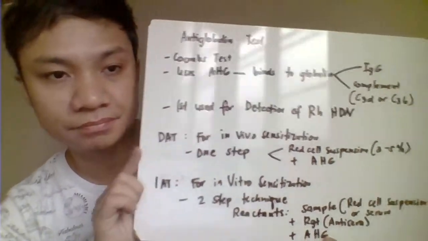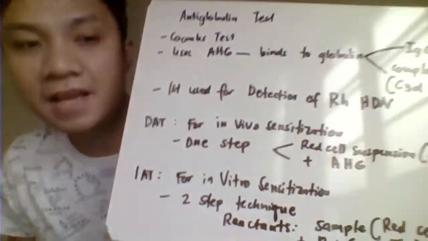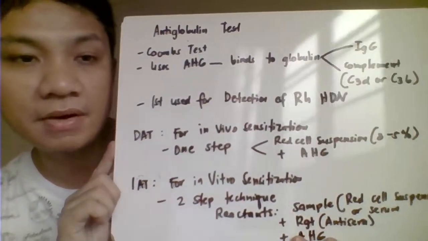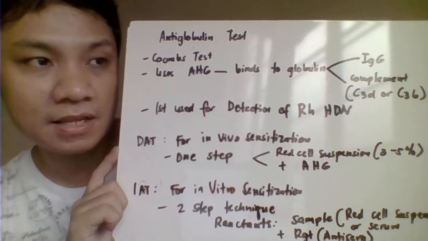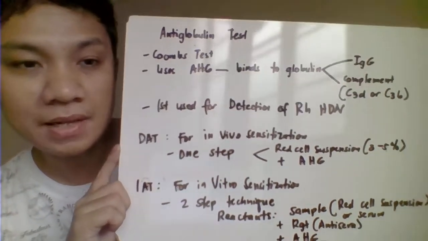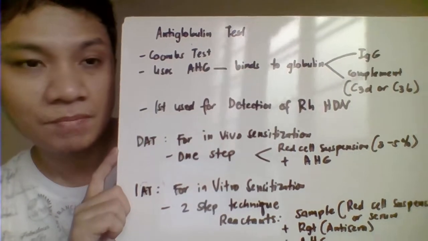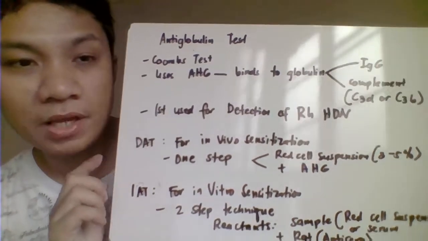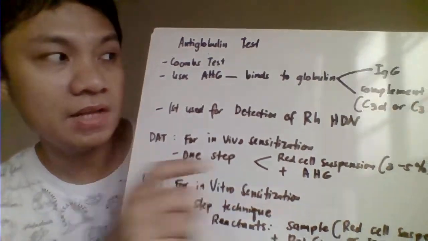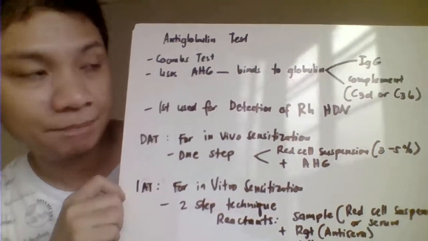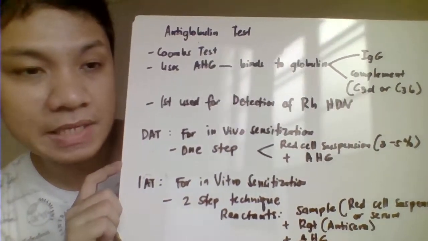Okay, now we go to your anti-globulin test, or another name for that is your Coombs test. Again, your anti-human globulin reagent basically tries to cross-link two red cells which have been sensitized with either a globulin, which may be in the form of IgG, or a complement. Your complement can be C3d or C3b.